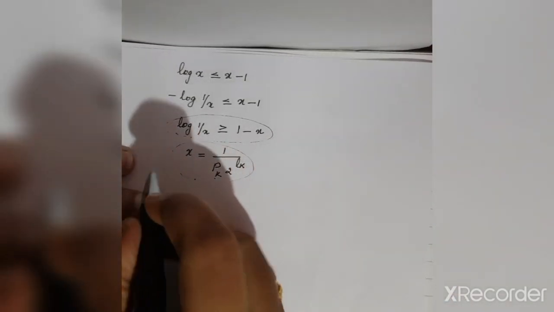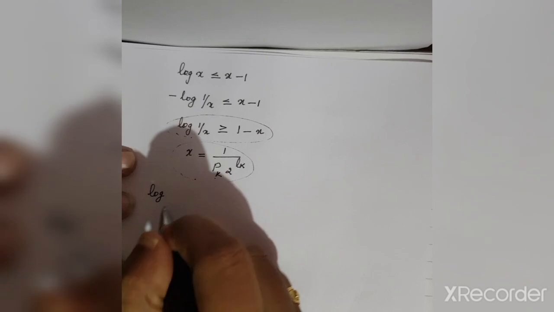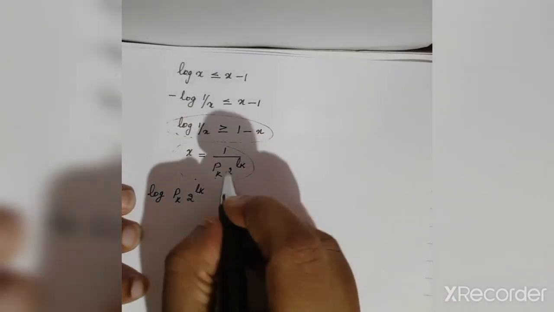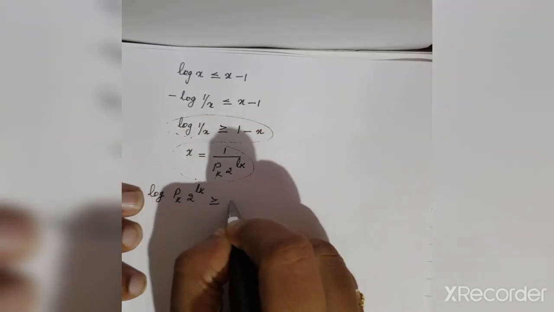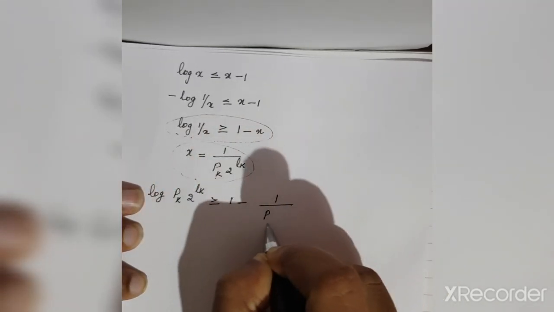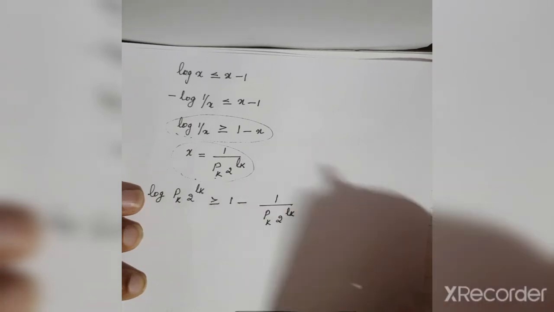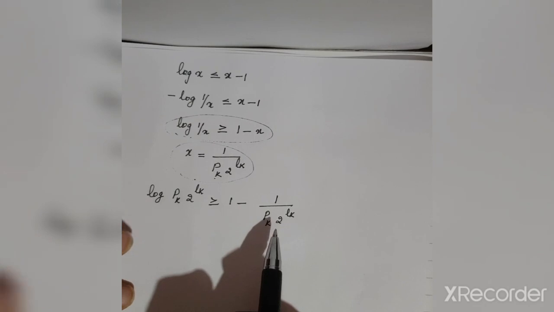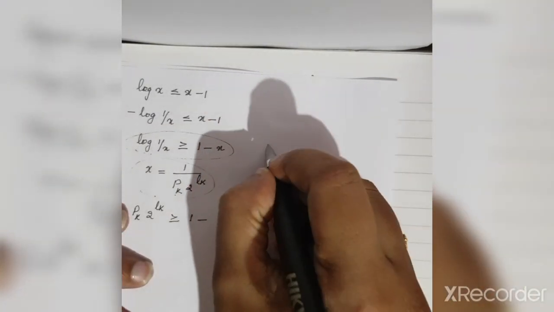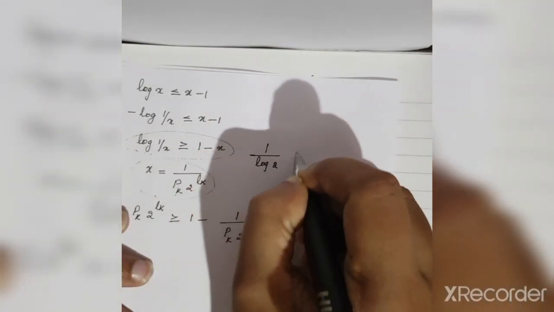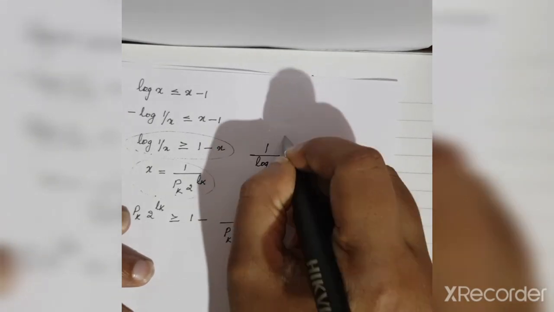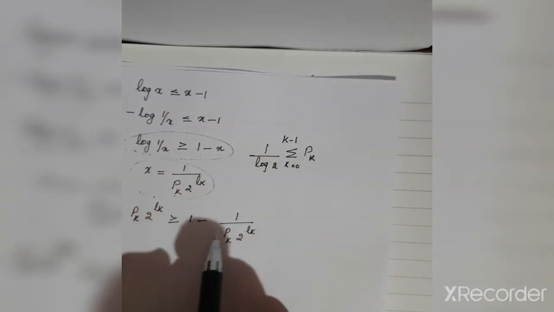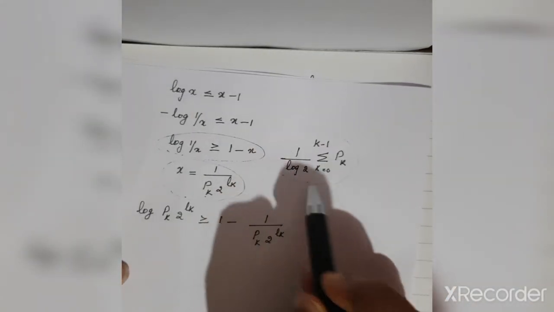It becomes log pk 2 raised to lk is greater than or equal to 1 minus 1 by pk 2 raised to lk. Alright. Now on both sides of this inequality, I am going to multiply with a factor 1 by log 2 summation over k equal to 0 to K minus 1 of pk.